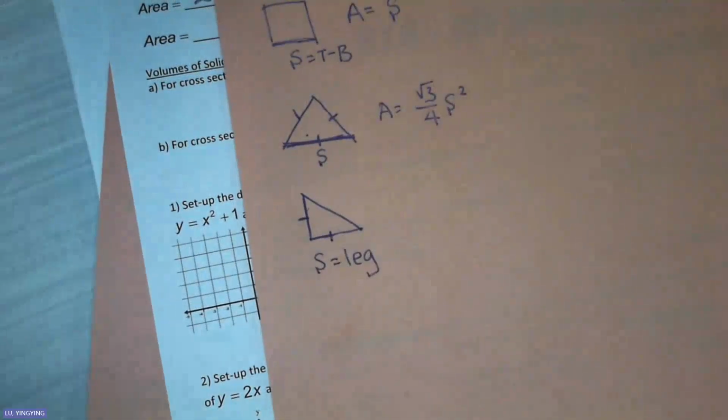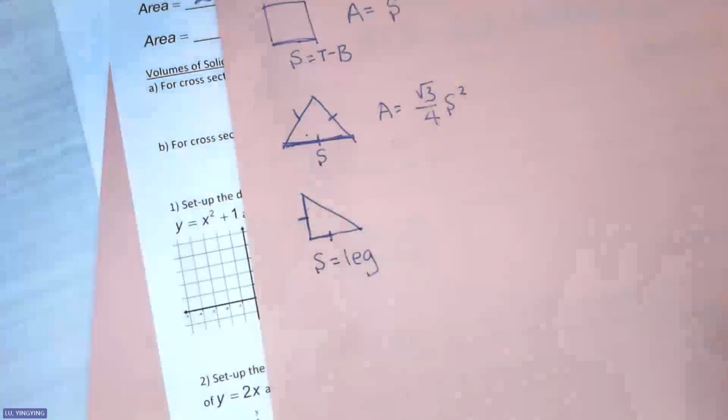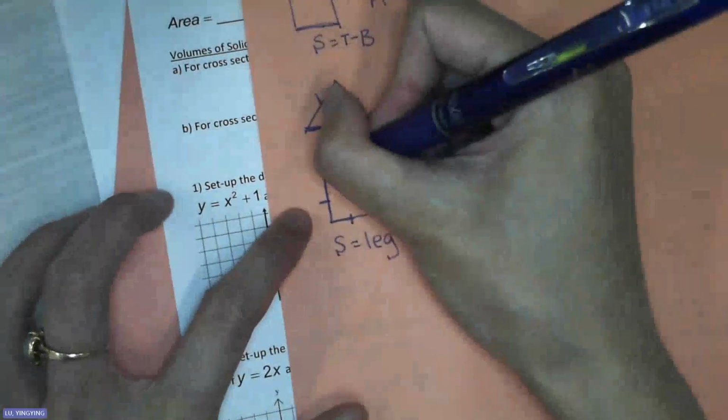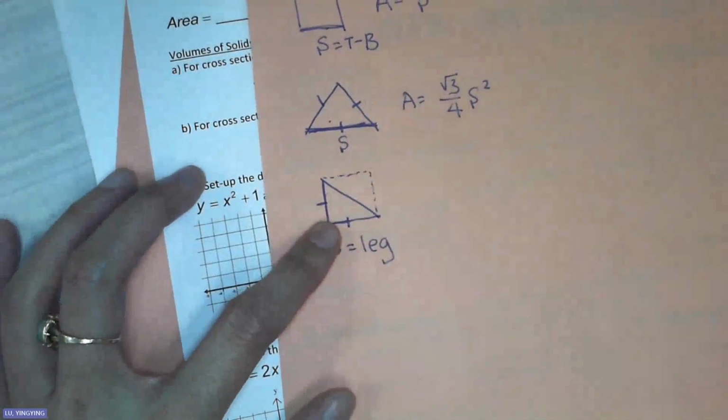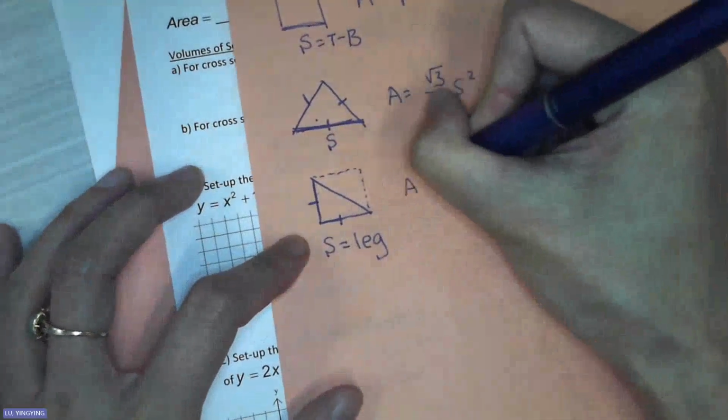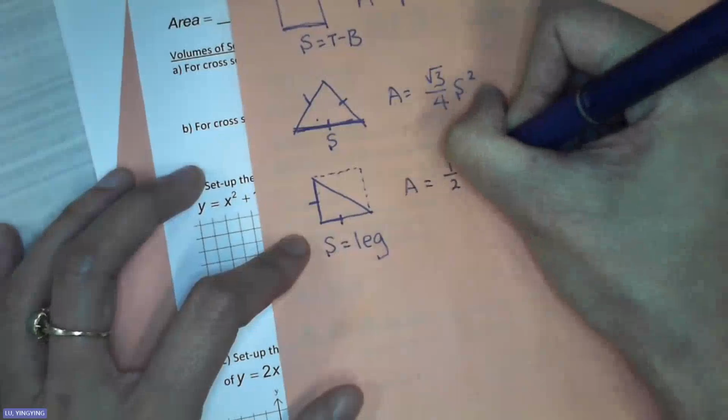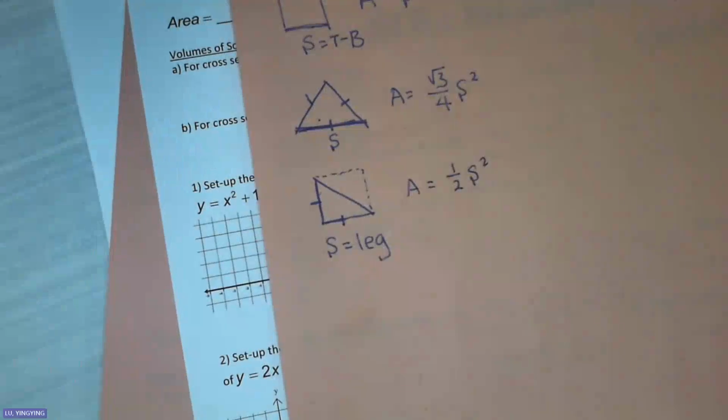You can imagine I put a whole bunch of isosceles triangles here, but the height and base will look like isosceles. And then how do we find the isosceles triangle area? It's basically half the square. So that is 1/2 s squared. So if I put a leg on the top minus bottom, it is that, okay?